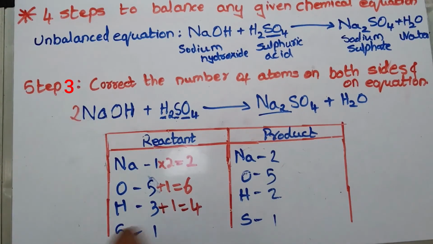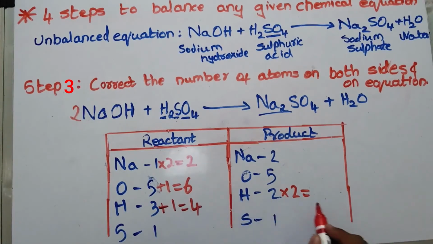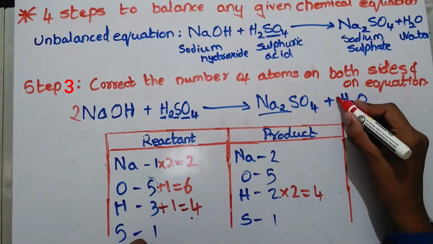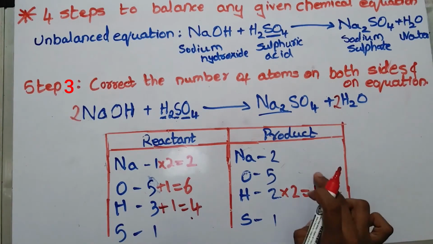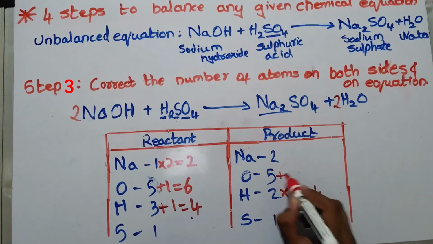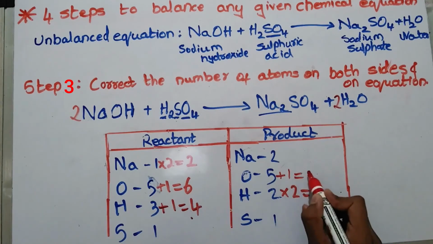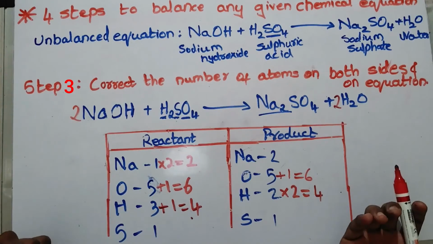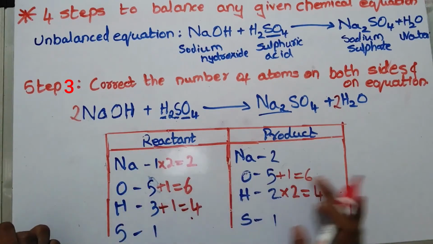If we just multiply by 2 the hydrogen on the product side, that is this one, it will become 4. So I can simply write 2 here. This will make the hydrogen correct, but oxygen would also be affected: 2 oxygens plus 4 oxygens will make 6, so 1 extra will be added, that is 6. That's actually a miracle: by adding 2 here, oxygen is not disturbed but it is getting balanced.